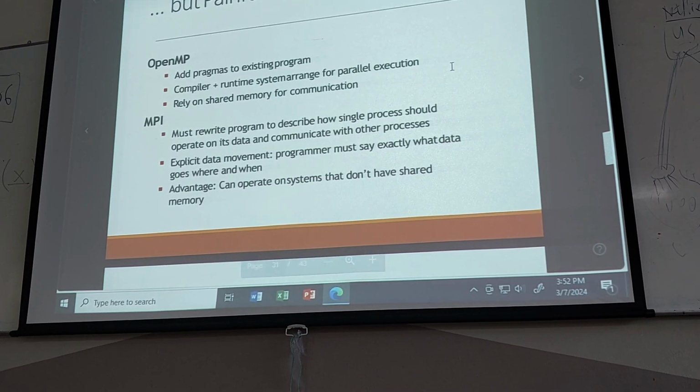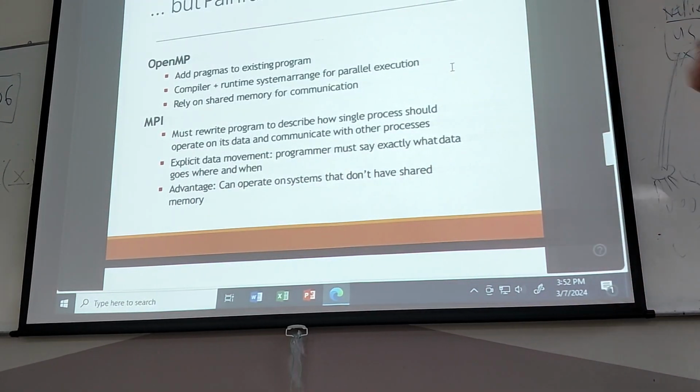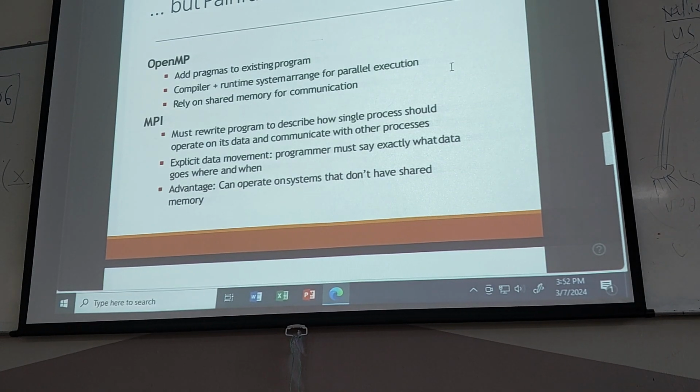Okay, the only advantage for MPI is it can operate on systems that don't have shared memory. Like for example, if I have only network, I don't have shared memory, I can use this API.